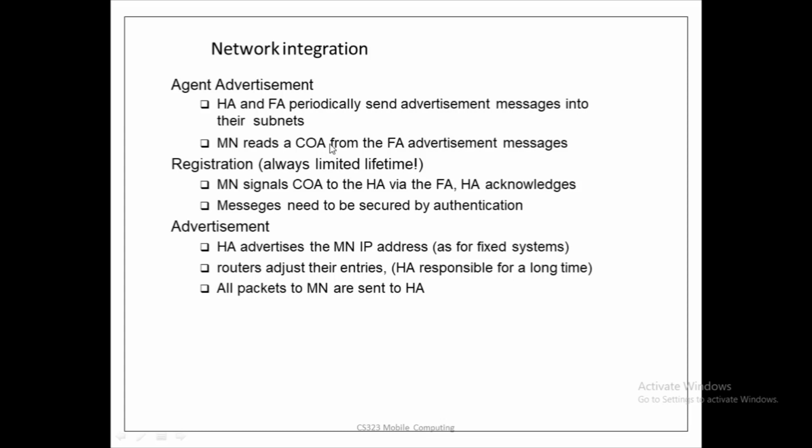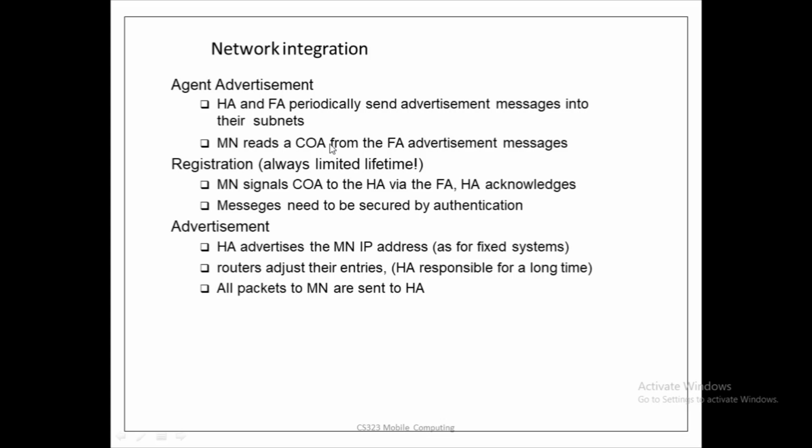For this advertisement, Internet Control Message Protocol messages according to RFC are used with mobility extensions. Routers in the fixed networks implementing this standard also advertise their routing service periodically to the attached link.